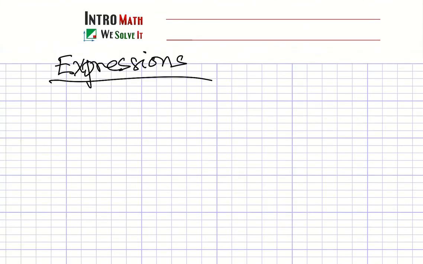Now we're going to deal with expressions. What is an expression? First of all, before I say something about expression, I will talk about variables. We used variables in the past. A variable is a letter that varies. It's not a constant.